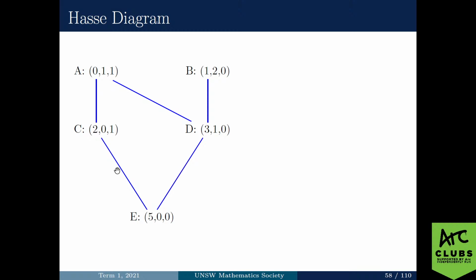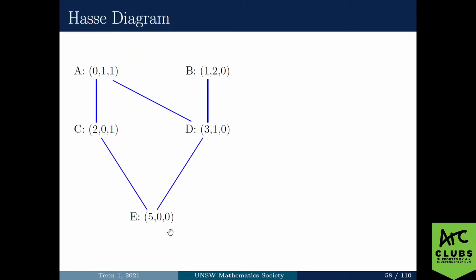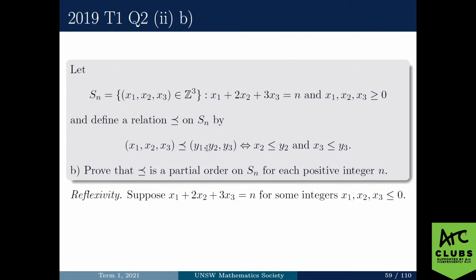So we know that E is related to C and C is related to A. That means E must be related to A just by transitivity. And so we don't need to draw this line between A and E, nor do we need to draw this line between E and B. But we need to draw the line connecting E and C just so that we have that relationship there. And also we need to connect E and D.